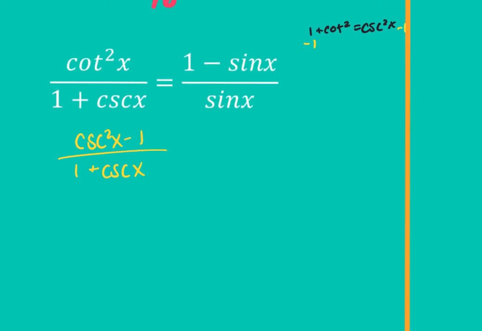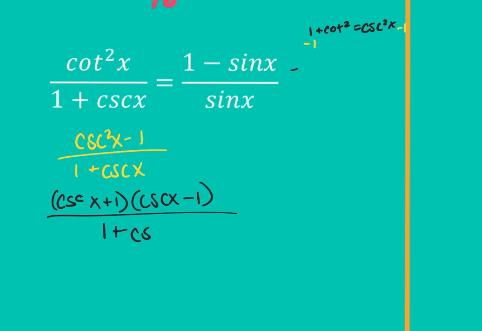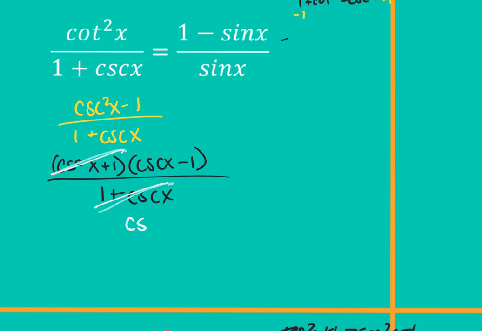And then you can actually factor that numerator because it's a difference of 2 squares: cosecant x plus 1, cosecant x minus 1 over 1 plus cosecant x. And then you can cancel cosecant x plus 1 and 1 plus cosecant x because the order wouldn't matter if it's addition. And I'd end up with cosecant x minus 1.